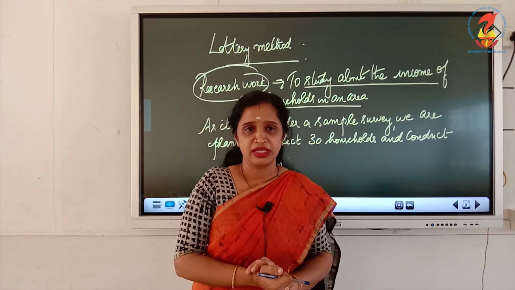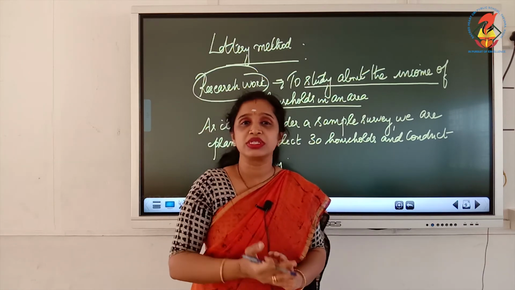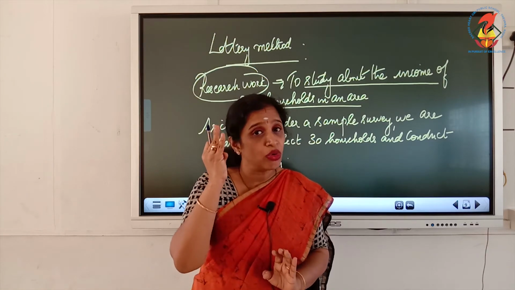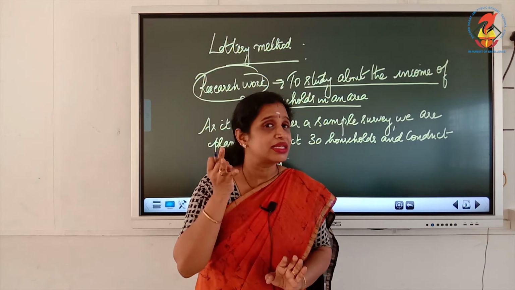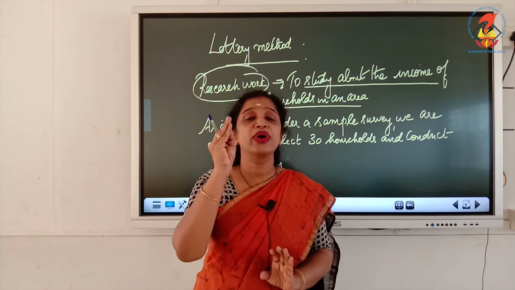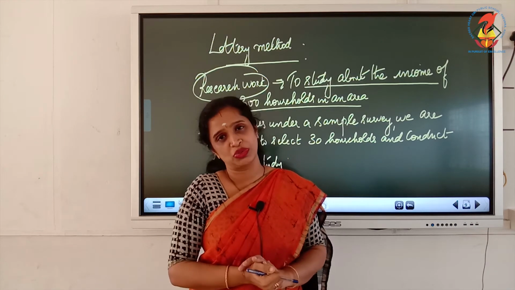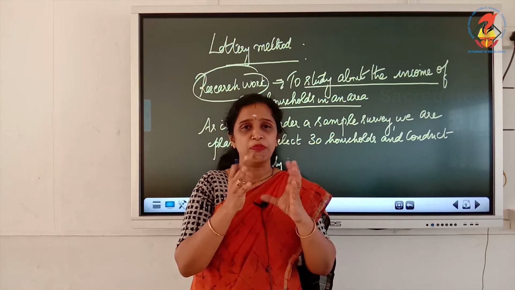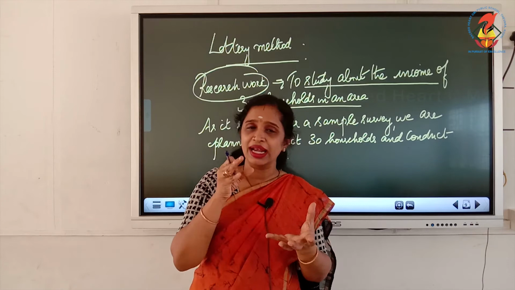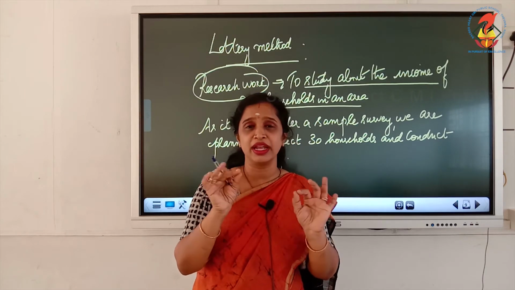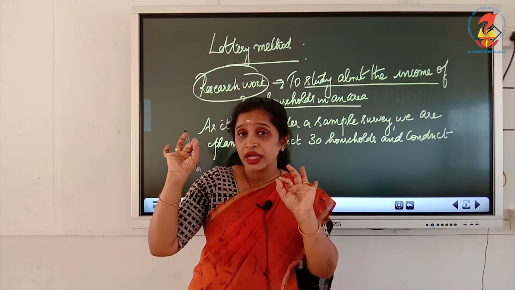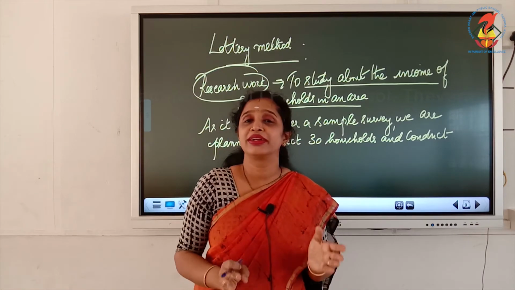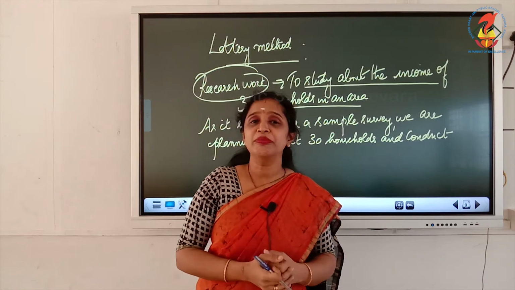In the lottery method, your main aim is to study the 300 households, and out of the 300 households, as it is a sample survey, you are going to learn 30 households. So what are you going to do for that? You will take a small pot or a bottle, and in that you will write the names of all these 300 households on paper.